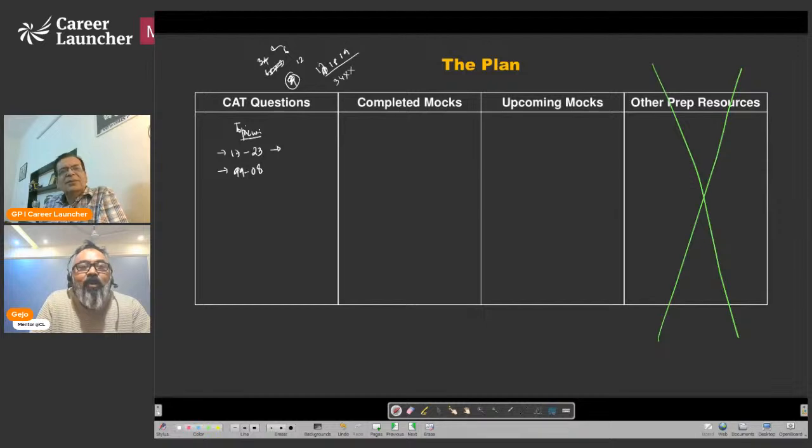So that is 34 into 6. It's 204. See, GP is good in maths.